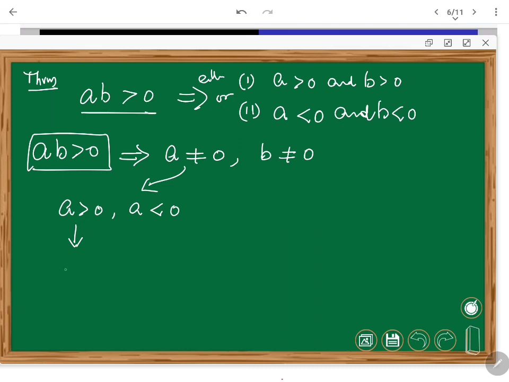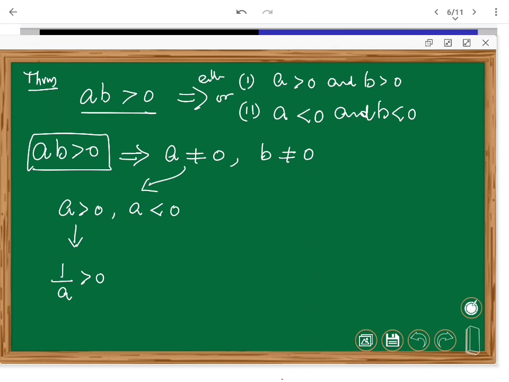Now look, if A is greater than 0, what will happen? It's away from 0, so the multiplicative inverse exists. 1 by A also should be greater than 0. If 1 by A is less than 0, what will happen? A is greater than 0, 1 by A is non-zero, that we know. It cannot be less than 0, because on multiplication with A, it will give a contradiction.